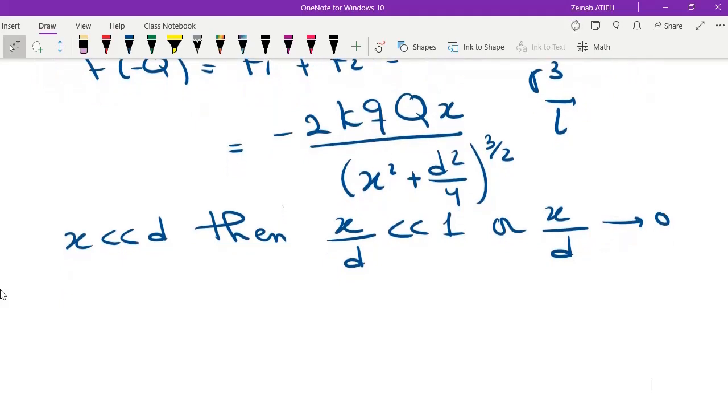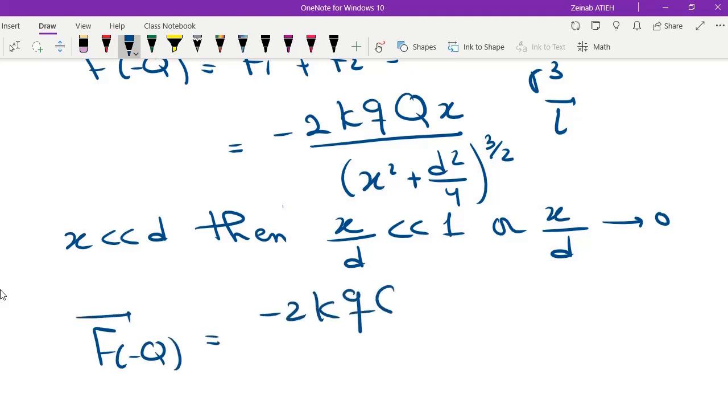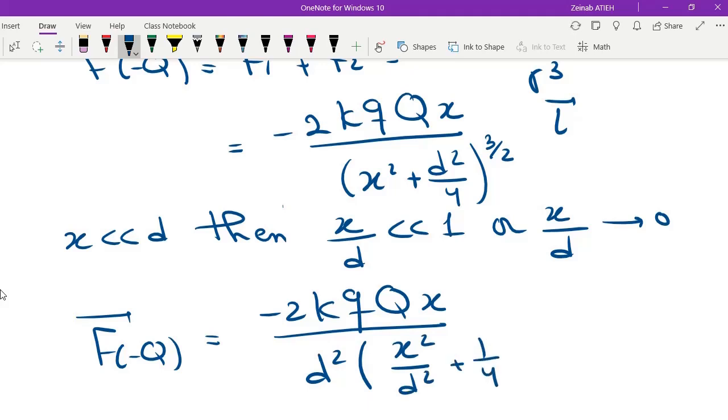I factor x over d. So d squared comes out of the bracket. So I will get F on minus q equal to minus 2kqx over, I will take d squared outside the bracket, so I have d squared times (x squared over d squared plus 1 over 4), okay, like this.